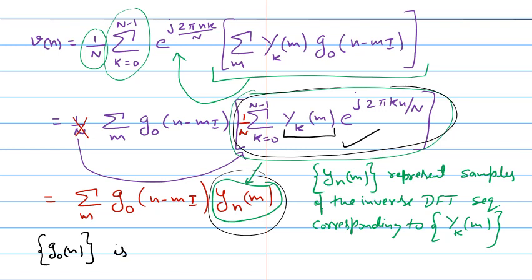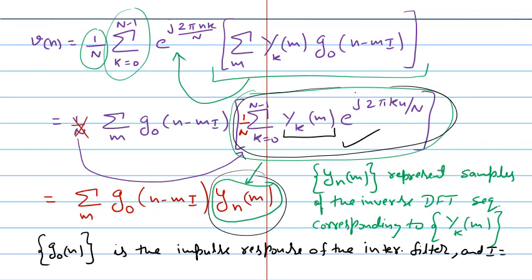The g naught n sequence is the impulse response of the interpolation filter, and I is equal to D. So g naught is the impulse response of the interpolation filter, and the relation between the output xkn of the analysis filter bank and the input ykm is given over here.